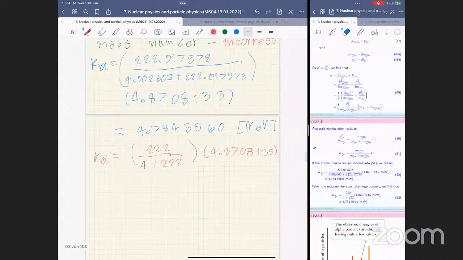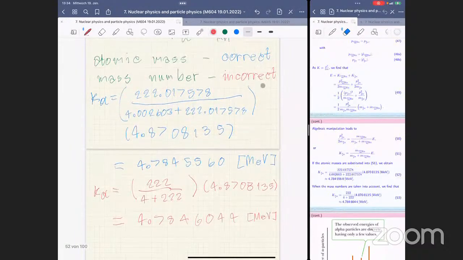And after the outcome, what you can get is 4.784 and 604 and 4 mega electron volt. Okay, right here. So what is the difference between the correct version and the incorrect version?